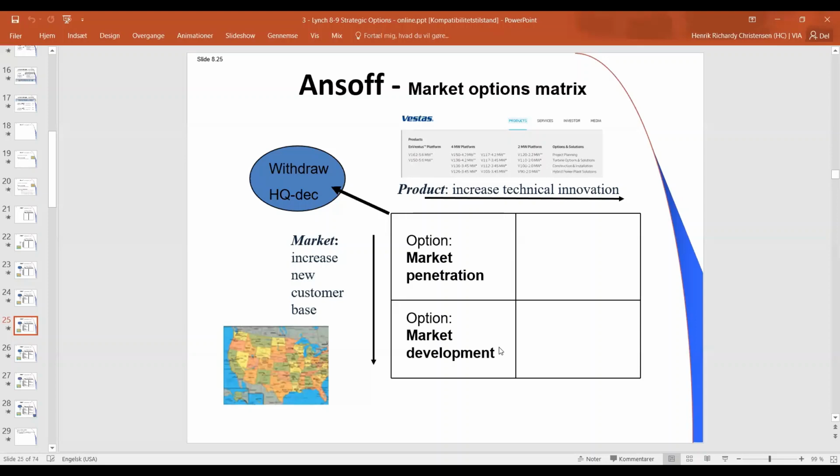Now to investigate that, again, we go back to our results from our market analysis, and we might have to investigate further. Let's say that we have been in the New York area before, then we may have to investigate and collect new data if we want to enter this area here, because otherwise we do not have any data to develop our strategy upon.